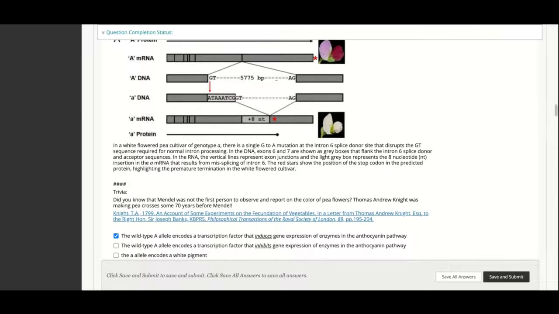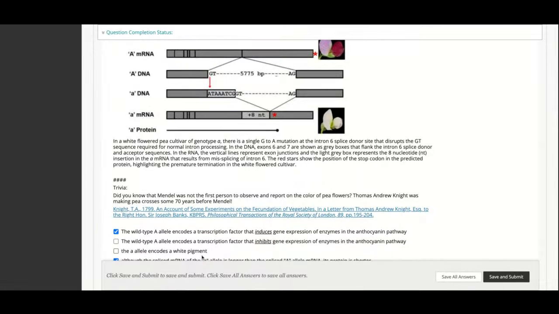So it's not that it encodes a white pigment, because this would mean that it encodes maybe an enzyme that will make things white, that were colorful and then they are white. Instead, it doesn't encode an enzyme that makes a white pigment. It encodes a transcription factor that will promote transcription of a gene that will make things purple.